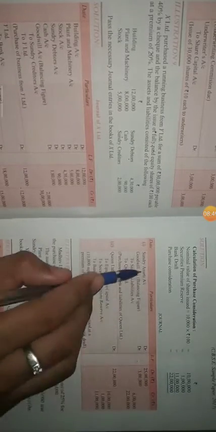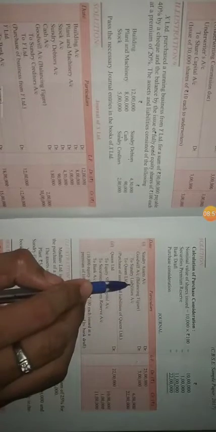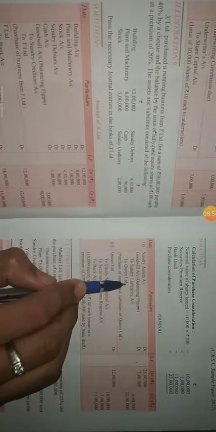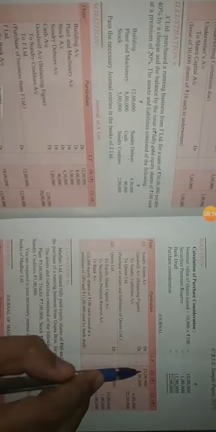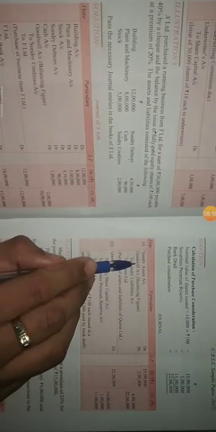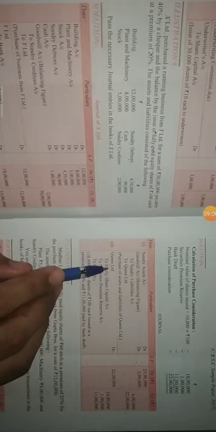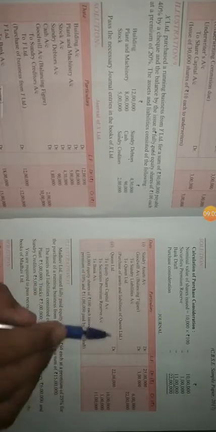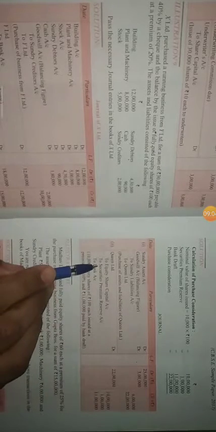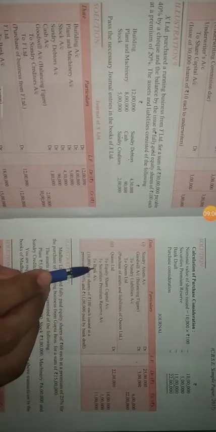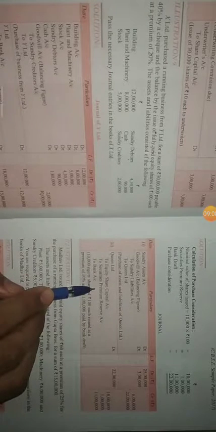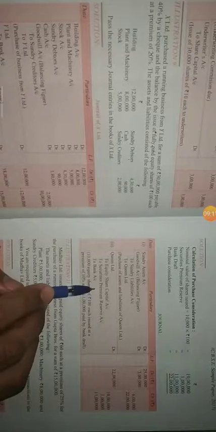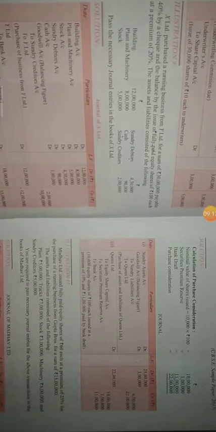And the entry will be the same. Assets account debit, to liability, to vendor. And the balancing figure, that is 3 lakh, is goodwill. Again, vendor account debit to equity share capital account, to securities premium reserve account, and to bank account.